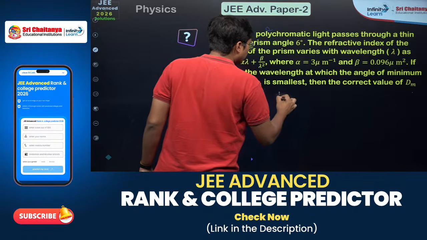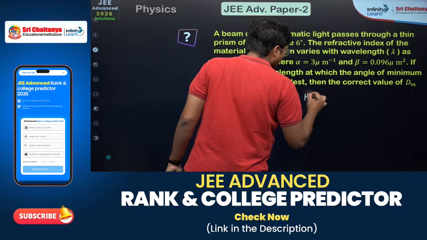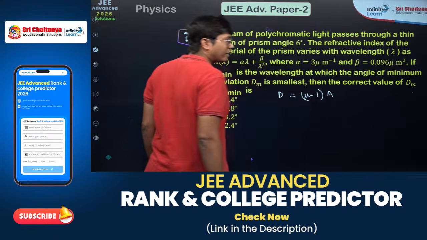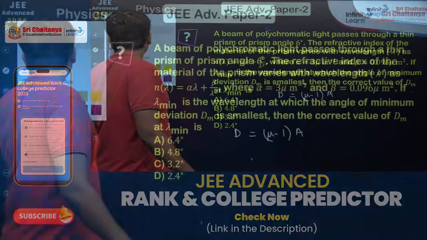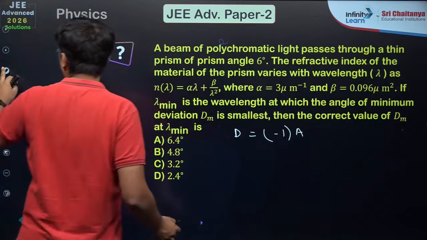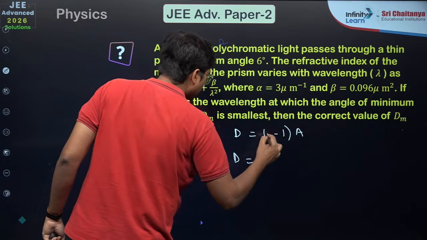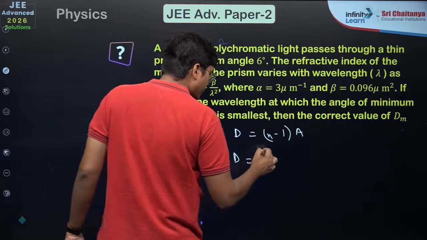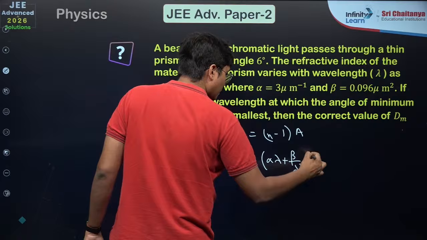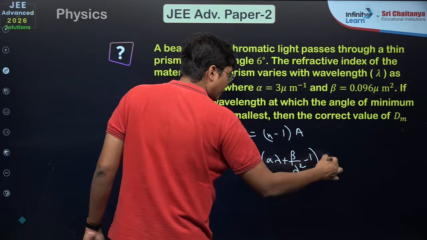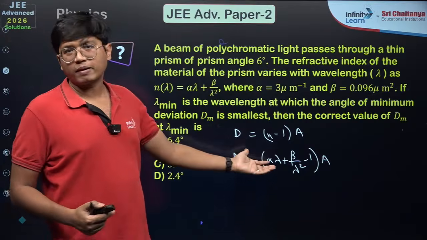You know the deviation is equal to mu minus 1 times the angle of the prism. You can take this, or rather it's given n, so I'll write n, and plug it in. You will have n is equal to alpha lambda plus beta by lambda square, minus 1 times A. Now since you're looking for at what value it is minimum, it's just applying maxima minima.